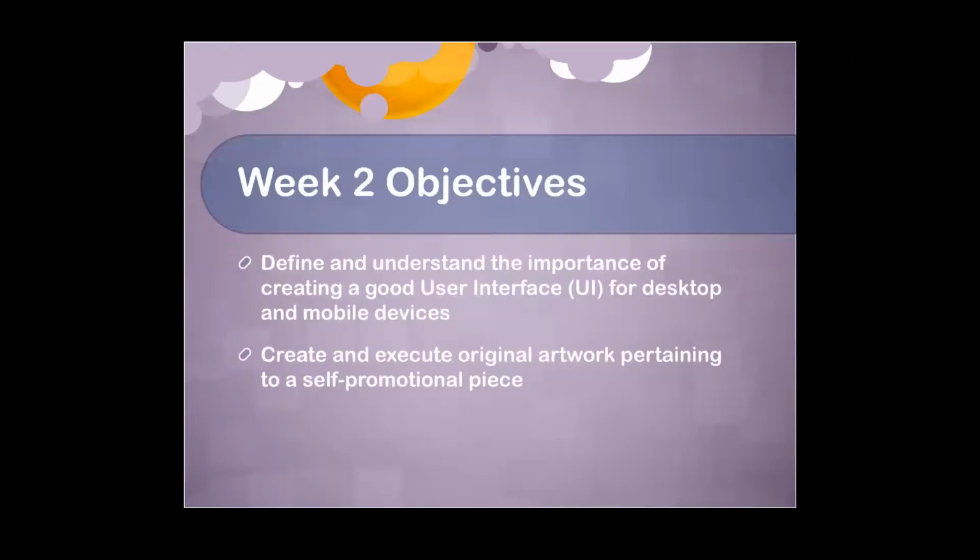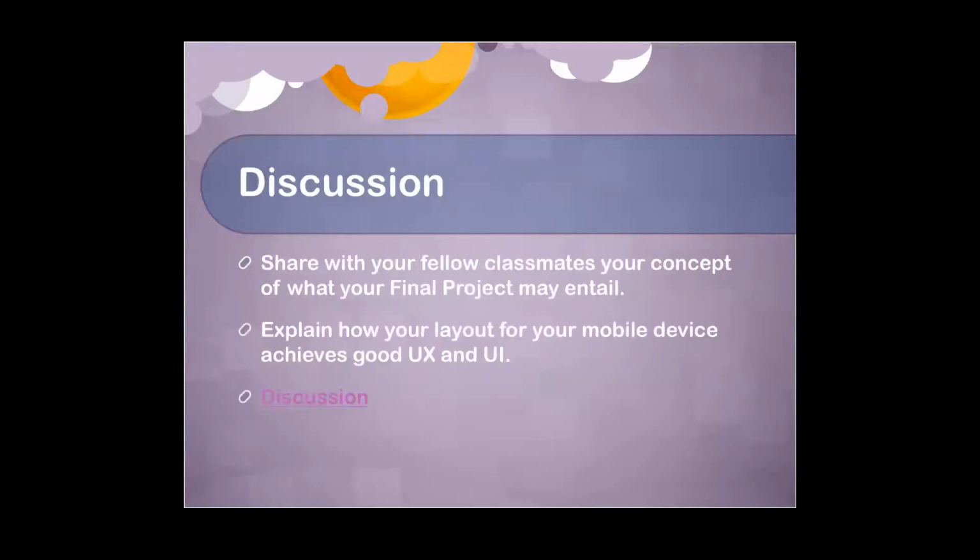Our objectives for the week: define and understand the importance of creating a good user interface for desktop and mobile devices, and create and execute original artwork pertaining to a self-promotional piece, which basically is getting the assets that you're going to use, like the map and music and a selection of fonts, for example.